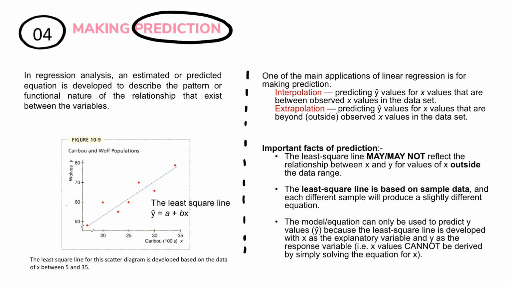So it means that we have to predict the values of y when x is known as so and so, and not the other way around. This is because we know that x is an independent variable and y is a dependent variable.